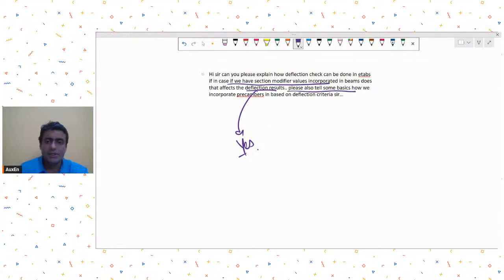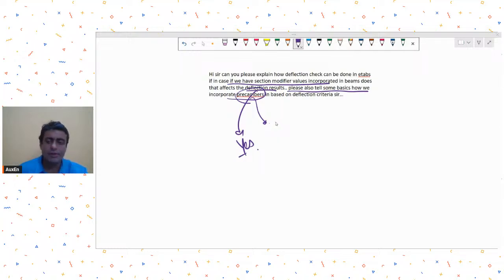Please tell some basics on how we can incorporate precambers. Oh, precambers in analysis. I'm not sure how we can incorporate that in analysis or in the modeling itself. Usually, precamber is more of a thing that is considered during the construction stage.